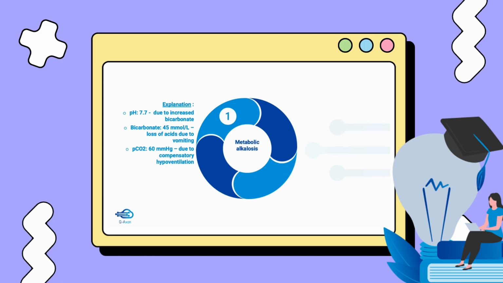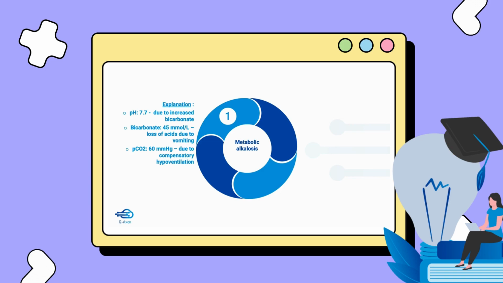Now, what are the various causes which can lead to metabolic alkalosis? As in this case, it is mainly due to vomiting. The causes can be put under two categories depending upon the urine chloride levels: chloride responsive metabolic alkalosis and chloride resistant metabolic alkalosis.